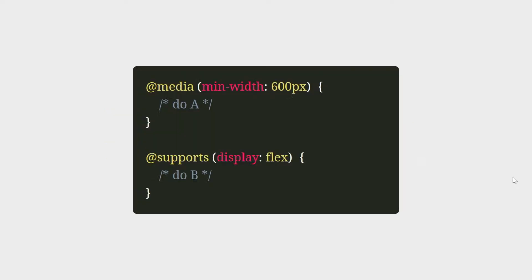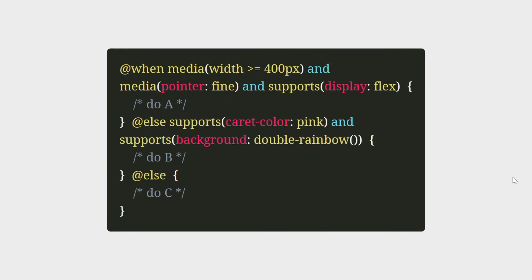This is the usual example, which we can do right now. We can ask CSS for a media query, or if the browser supports display flex, and then do this or do that. With the new syntax, the idea is that you can chain or combine media and supports, for example.